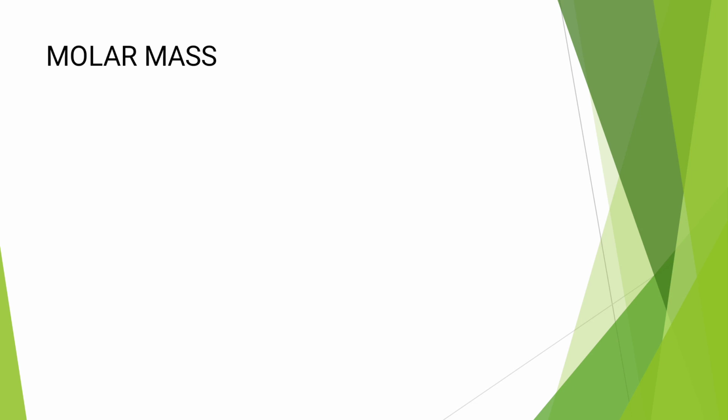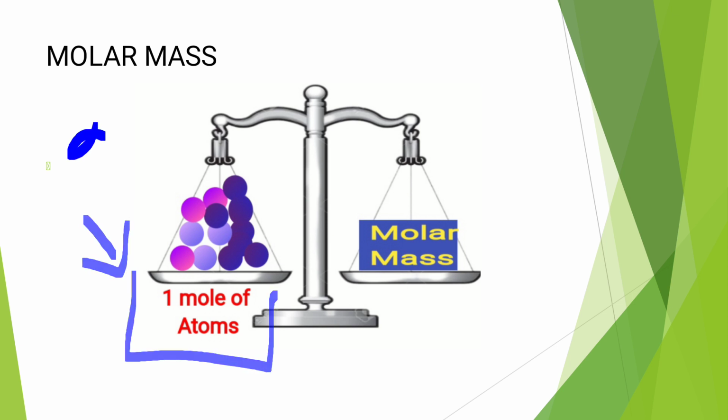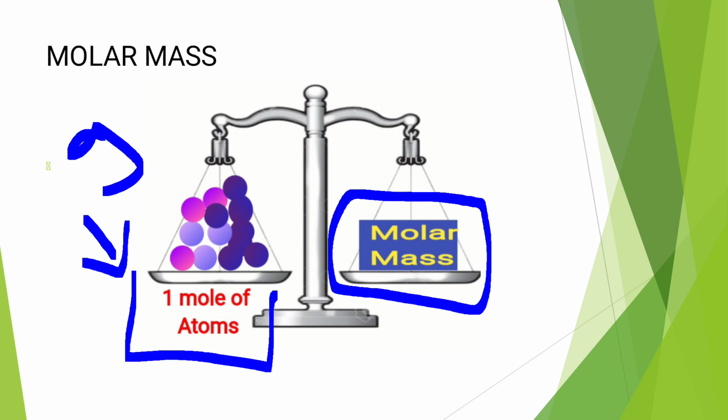We look at the molar mass. And what is the molar mass? Look at this particular example. We have 1 mole of atoms on a weighing balance, assuming that the mass is given in grams. And then we have molar mass on this other side.